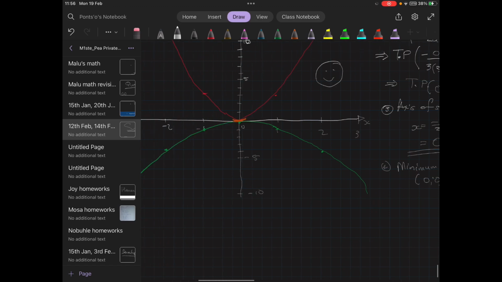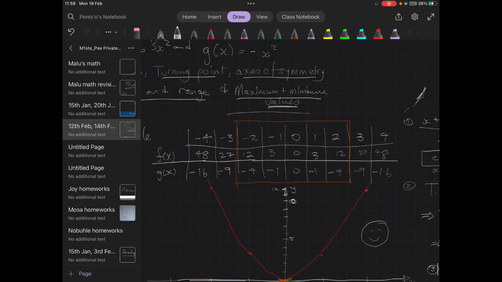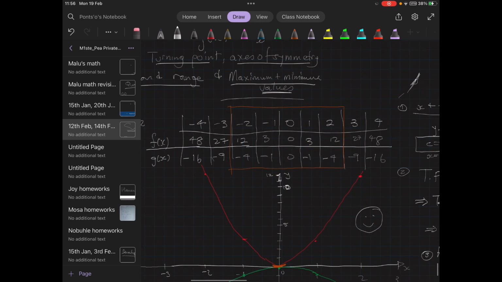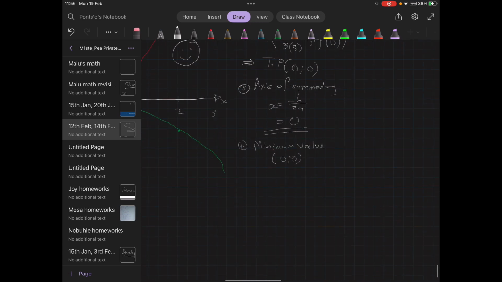All right. What else do we have to find? Domain and range. The domain is the set of x values such that x is an element of real numbers. It doesn't matter what value of x you get, as long as it's a real number, the graph makes sense.